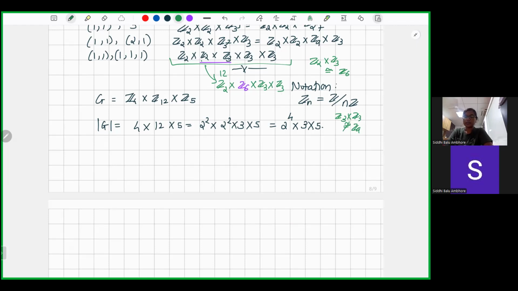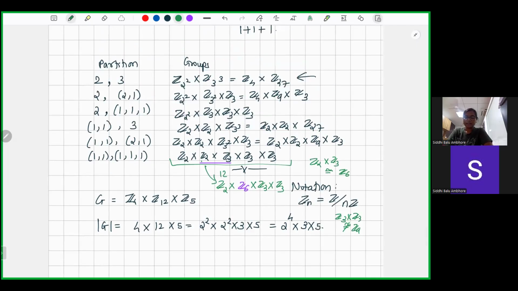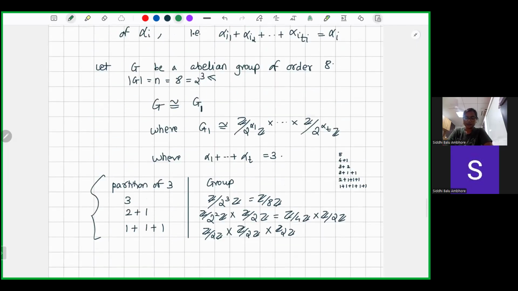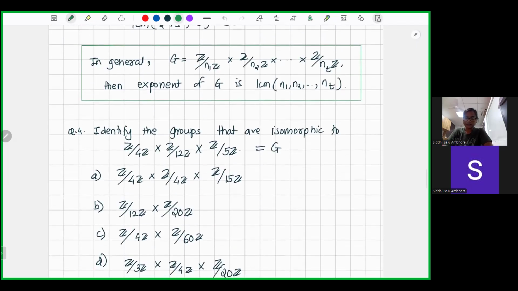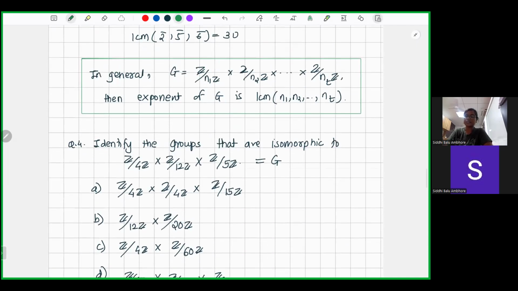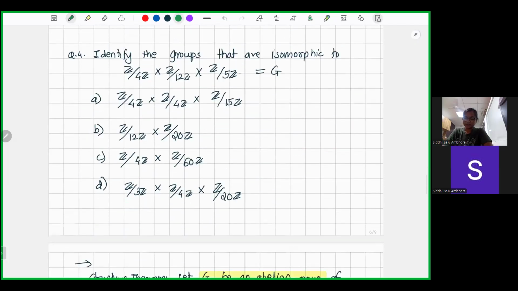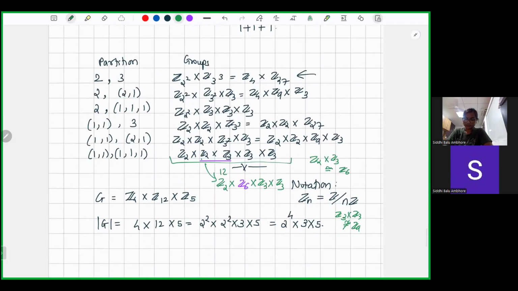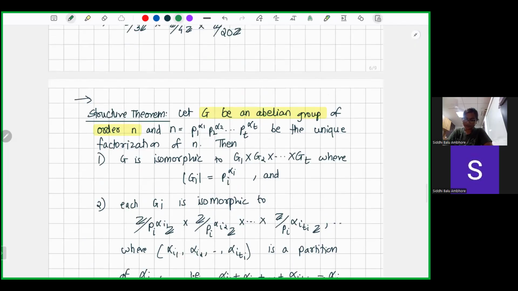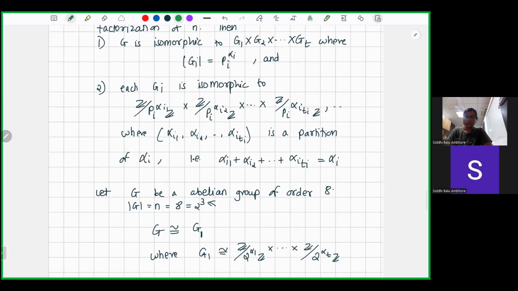And that's why, when we look at the structure theorem, each of these Gi looks like a P group.